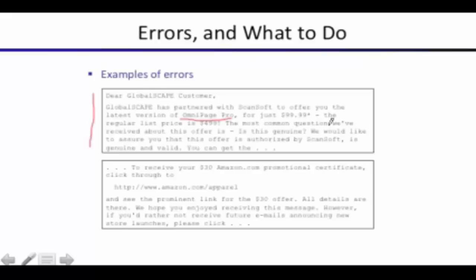But the words like offer and dollars are the kinds of words that occur mostly in spam. And another one here: if this is actually from Amazon.com, you probably want to know you're given some free certificate. So the basic problem is that words are not enough to classify spam.